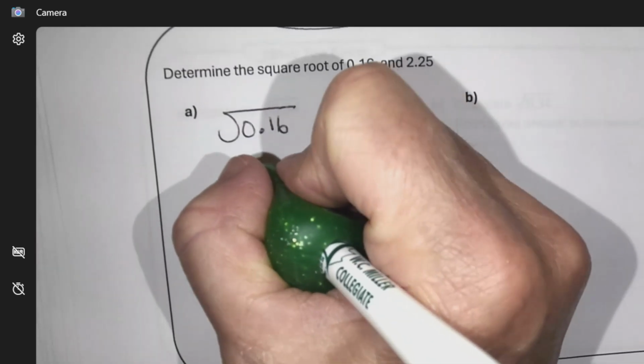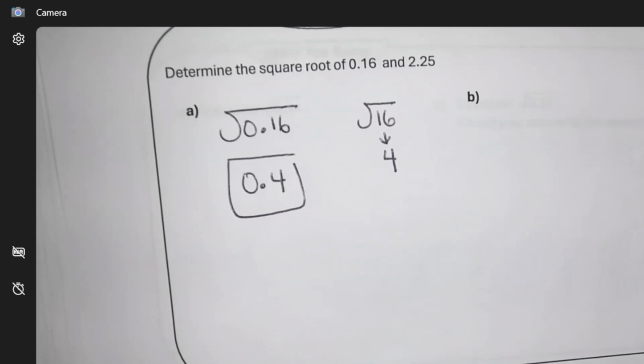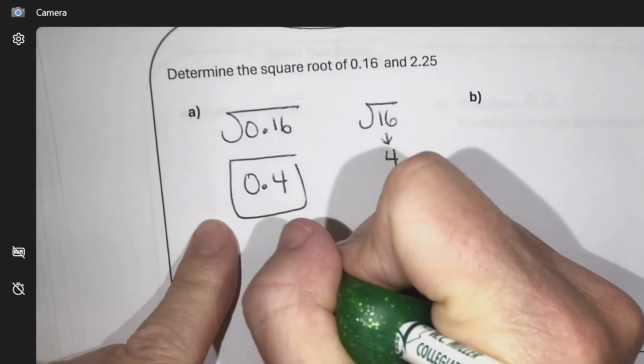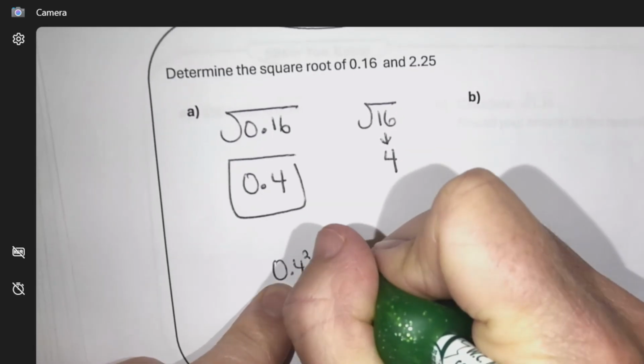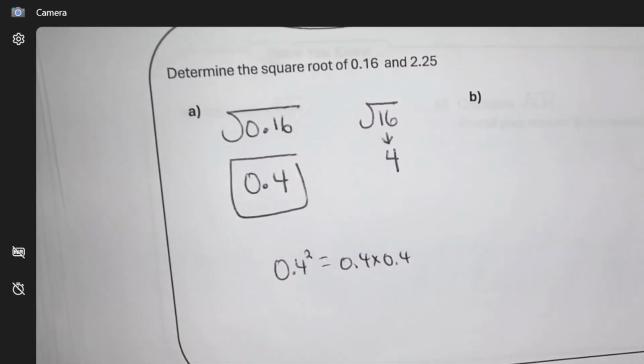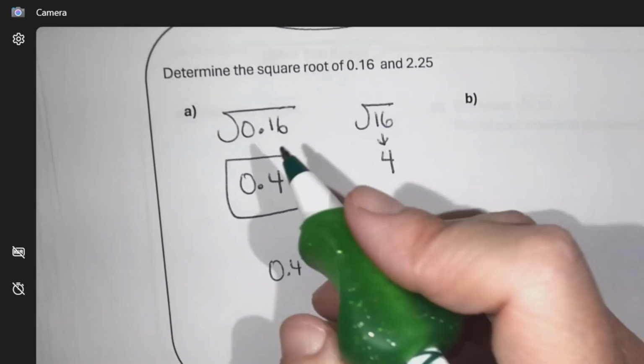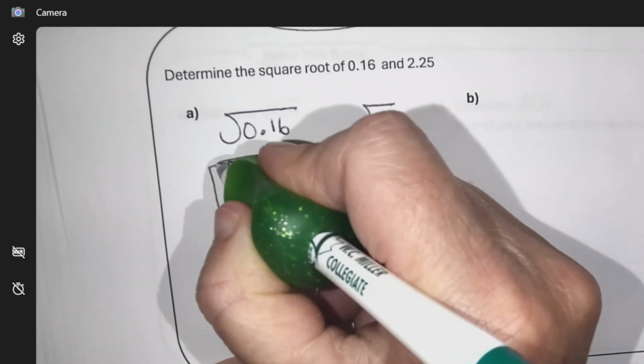Dom? You put 1 decimal in the 4, because then if I do this squared, it makes my final 2 decimals. That's what my goal is, to get 2 decimals in that. So there's my answer.